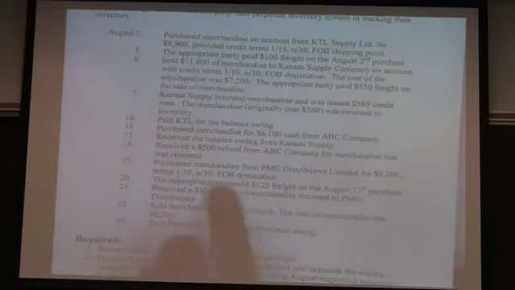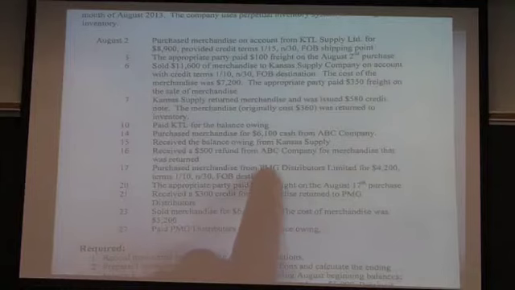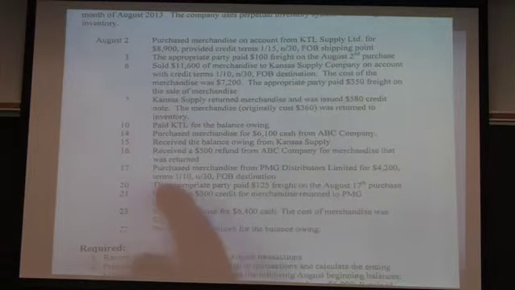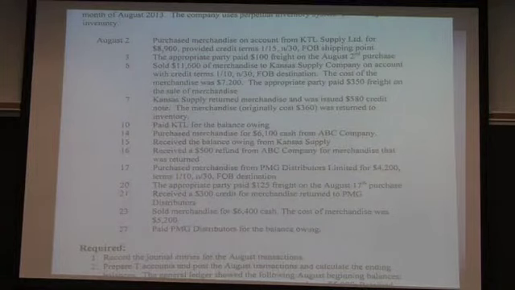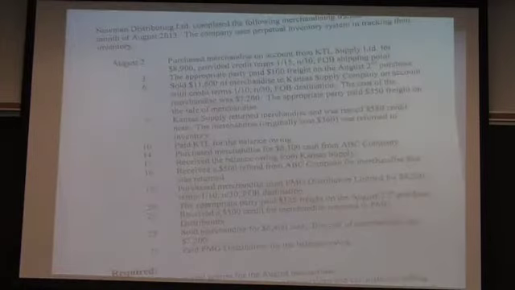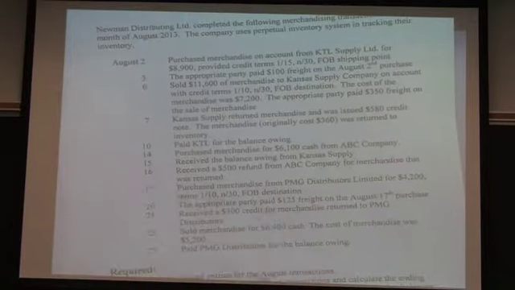If it's FOB destination, it would mean that PMG, who's the seller, would be responsible for all related costs of getting that inventory to the premises of Newman's place of business. So they are responsible for that shipping charge. Again, pay attention to the date because it says 1/10 net 30, which means that if we pay within 10 days, then we get the discount.